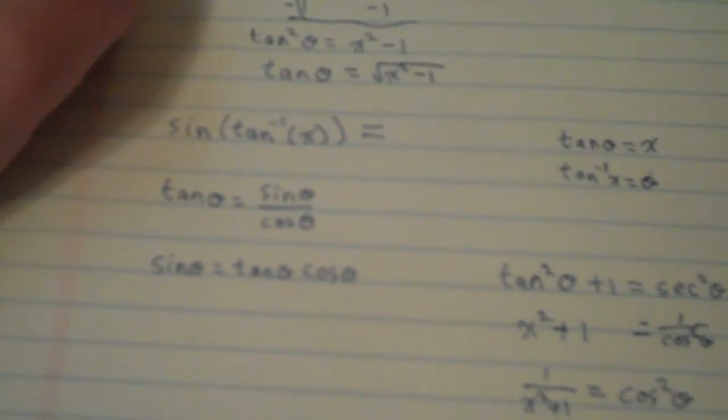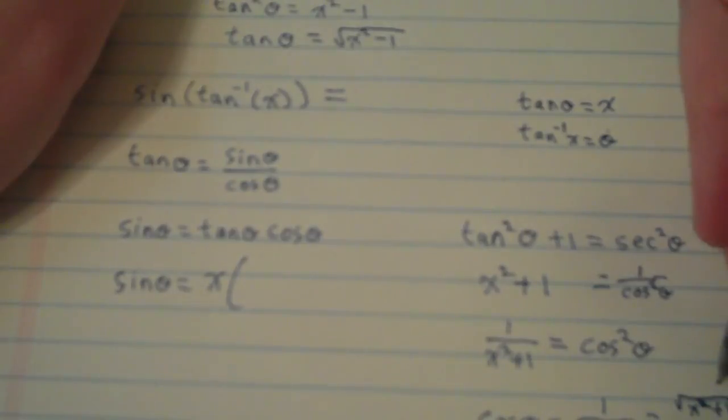Now that I have tangent and cosine, I can plug it in here. So sine theta equals x for my tangent times my cosine, which would be 1 over the square root of x squared plus 1.